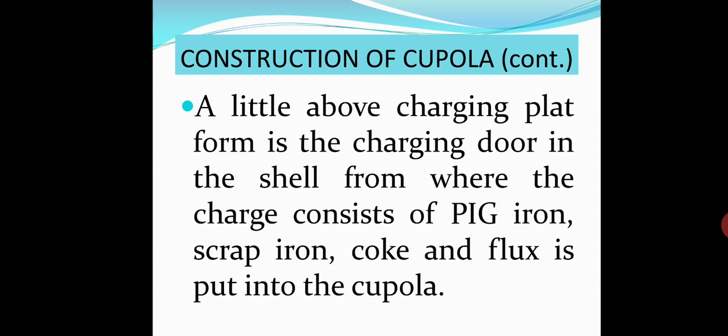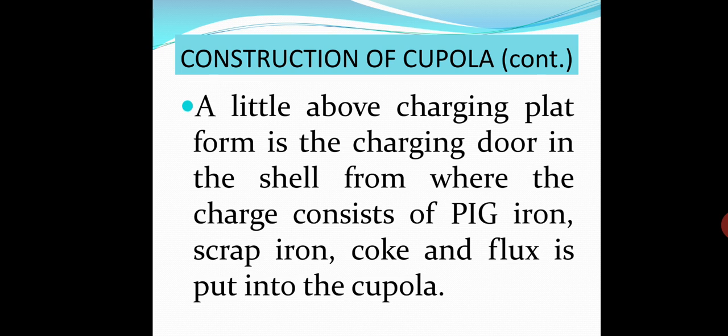That consists of pig iron, scrap iron, coke and flux. These are entered into the furnace through the charging door and fed with the help of the charging platform.